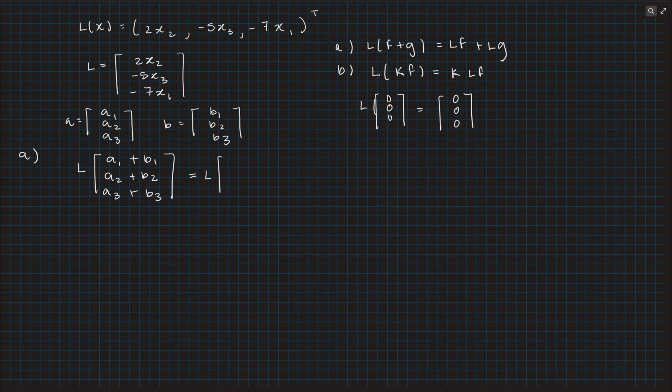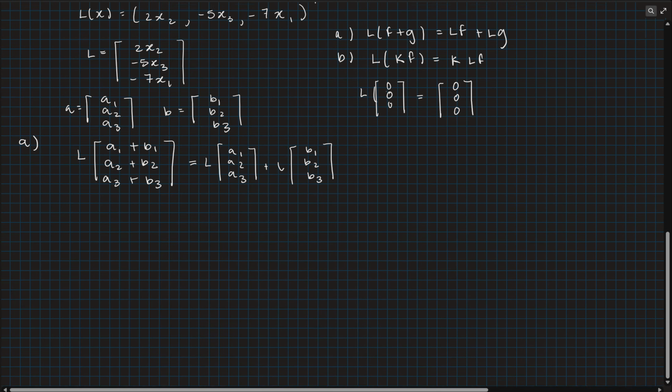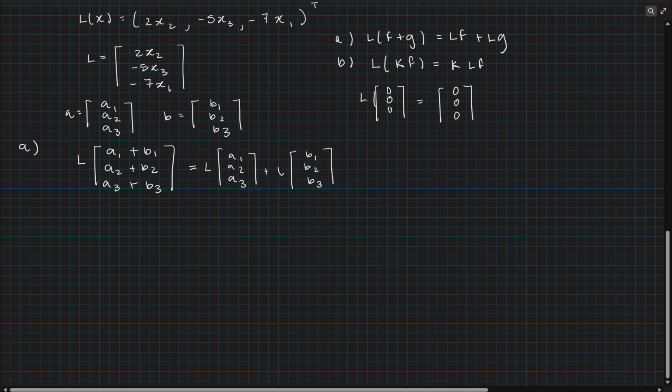L times A1, A2, A3, plus L times B1, B2, B3. Using this definition of L, I'm going to show you what happens to all our A's and B's.